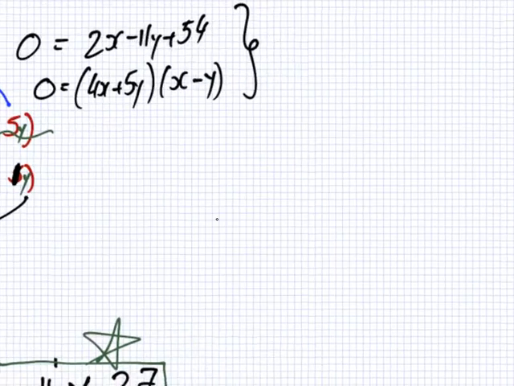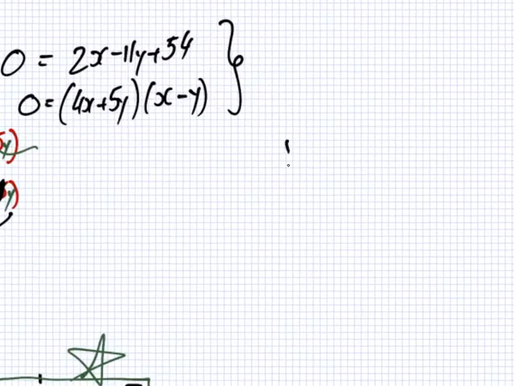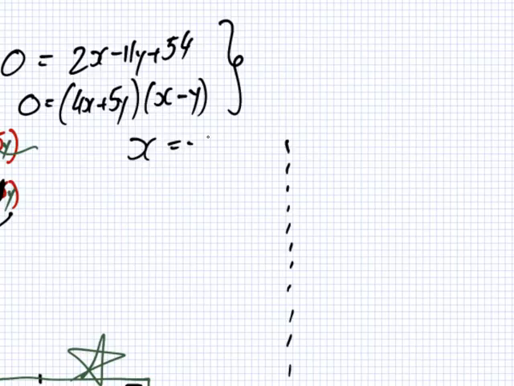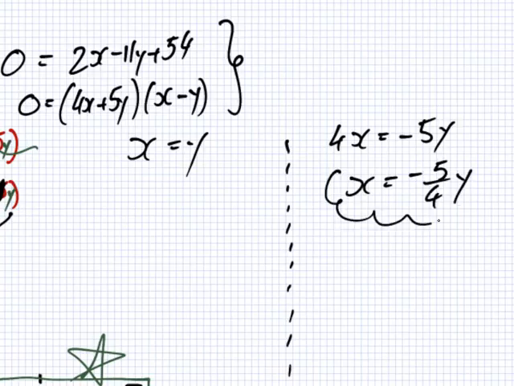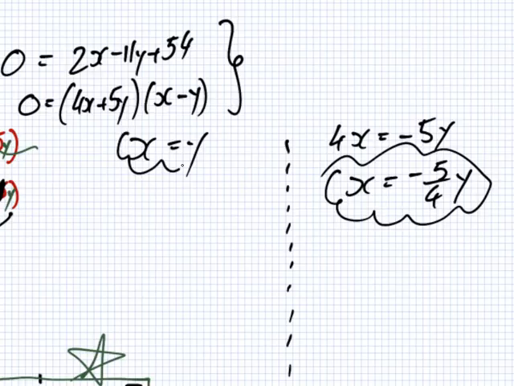X could equal y. Yeah, well, you actually have two possibilities to look at. The first possibility is that x equals y, and then the second possibility is that 4x equals minus 5y, or in other words, that x equals minus 5 over 4 y. That's it. So you have two substitution problems.